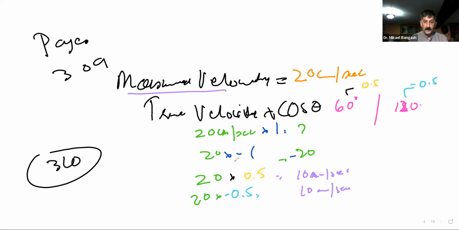But because it was a negative cosine theta value, we have a negative Doppler shift. So that's why the measured velocity is the product of the true velocity, the actual velocity of blood, times the cosine theta value of the angle between your ultrasound beam and the direction of the blood flow.